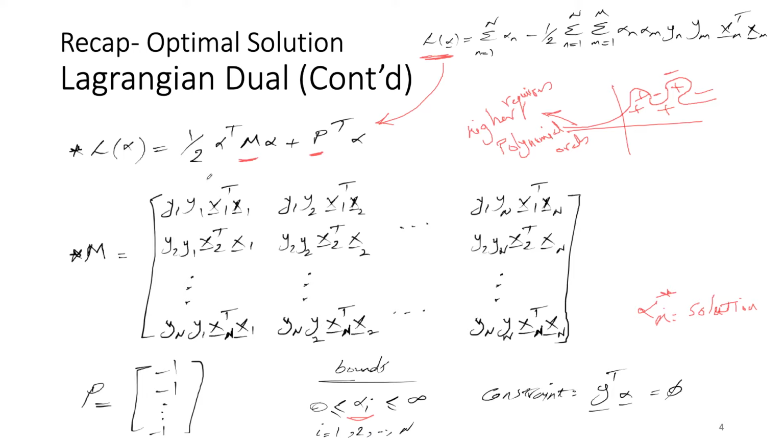So we have the same solution, but if we convert our primal problem to the dual problem, we can use kernel tricks to do this nonlinear transformation more easily, and I'm going to show you in a few slides.